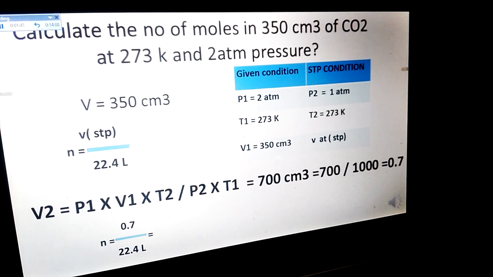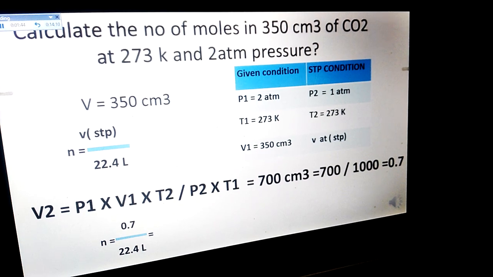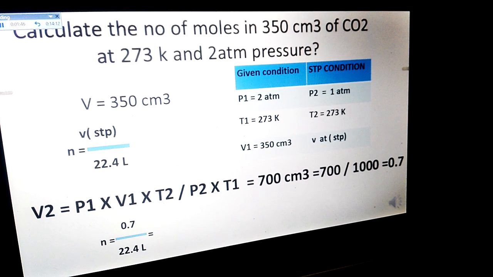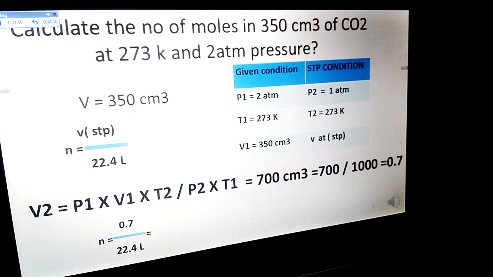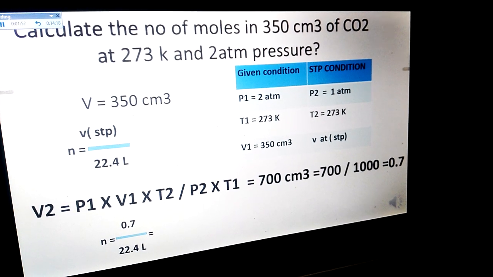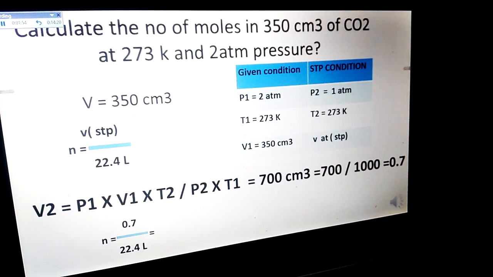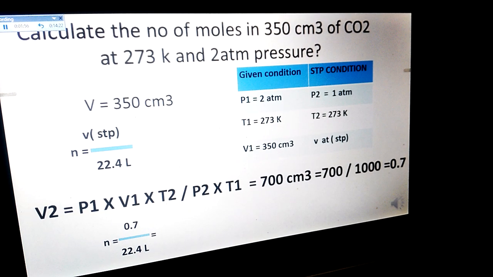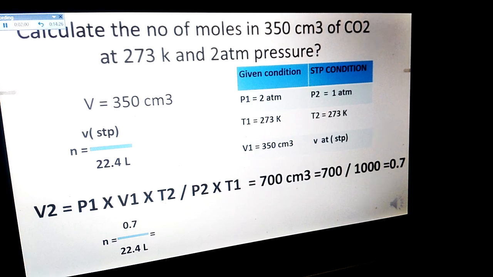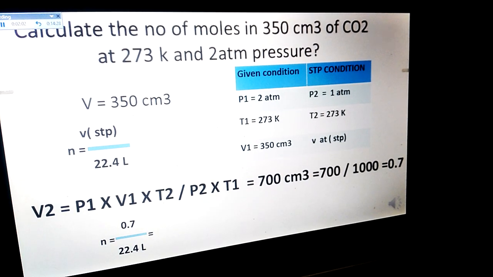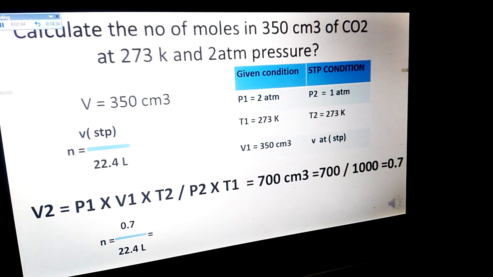So number of moles is equal to 0.7 divided by 22.4 liter, and through this formula we get the number of moles at STP condition. The formula used for this numerical is V2 is equal to P1 V1 T2 divided by P2 T1.